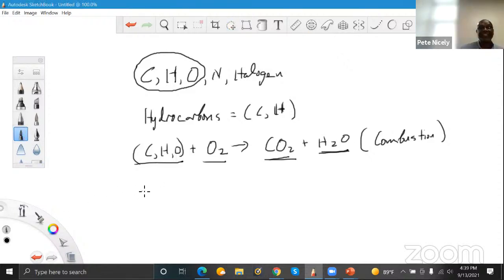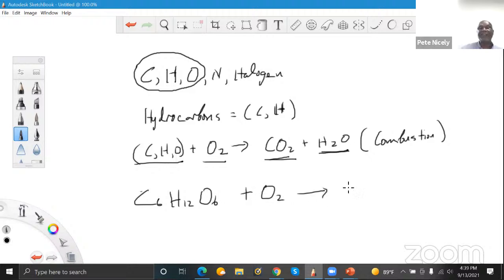Okay, so let's say your compound is C6H12O6. All right, so this is an organic compound which contains carbon, hydrogen, and oxygen. Again, when it's burnt in air, you're going to end up with the same products, CO2 and H2O.